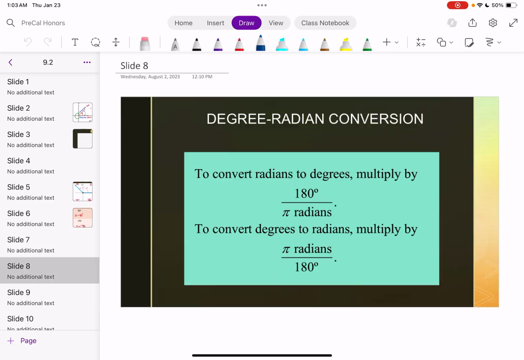In slide 8, we start going over conversions. Now these conversions are done between degrees and radians. Most important thing is to understand that the conversion itself is 180 degrees is equal to pi radians. So as we go converting from radians to degrees, we would use 180 over pi.